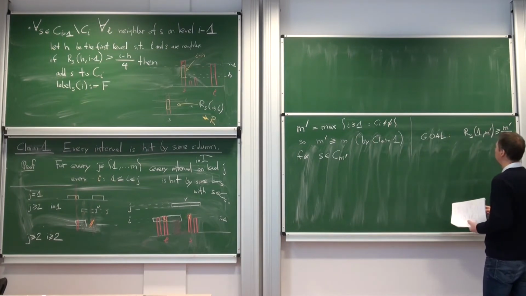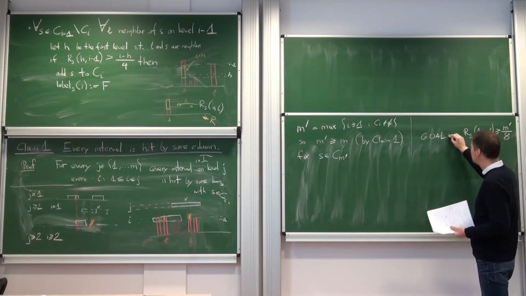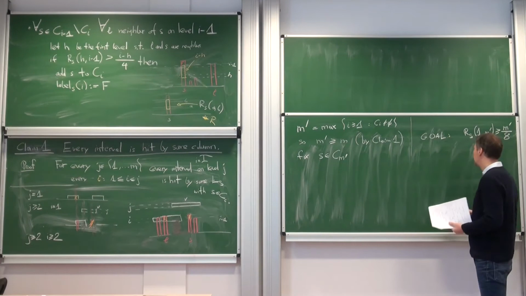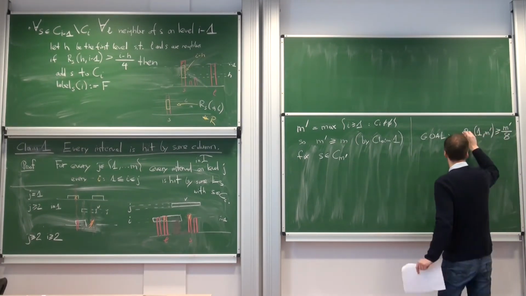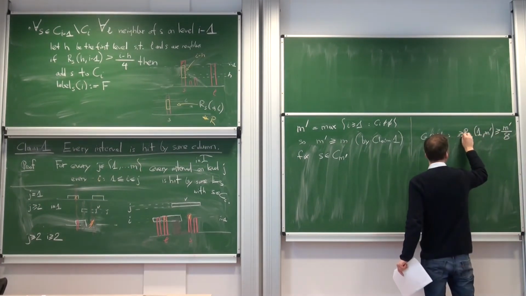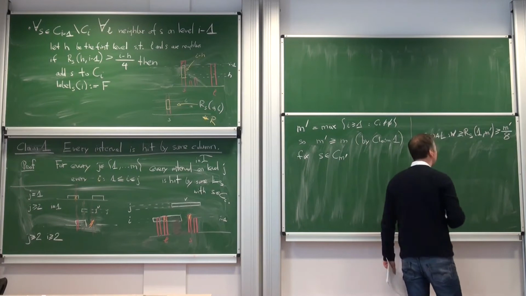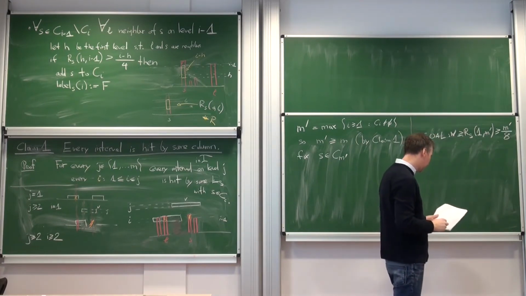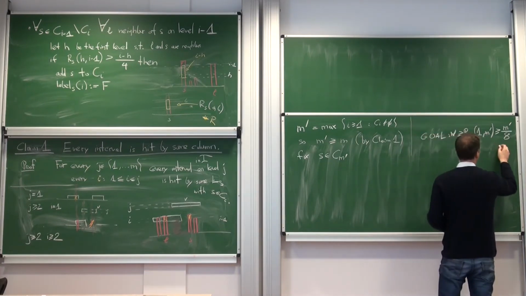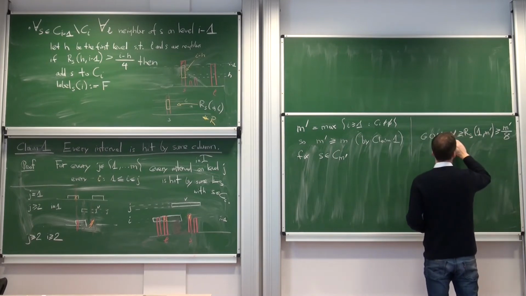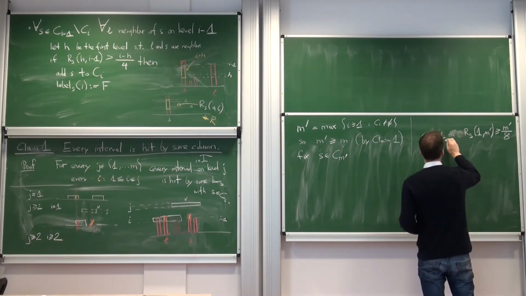And then the number of r's by the construction are witnessed by the clique. So it lower bounds the width of the corresponding interval order. So this is our goal.